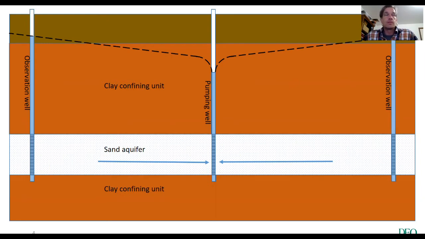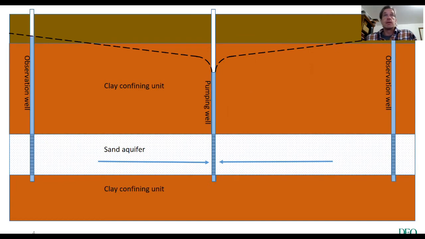But it's also possible to have a very steep gradient and still very low flowing, small amount of water traveling through the system if the material you're trying to move it through is not very permeable. So there's a lot of factors at play here when you start to try and describe or characterize aquifer systems.